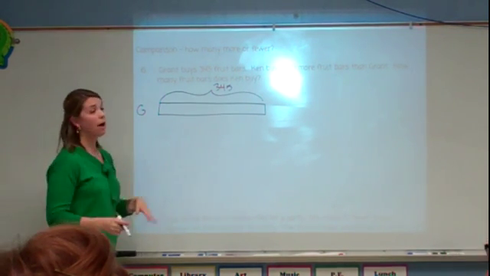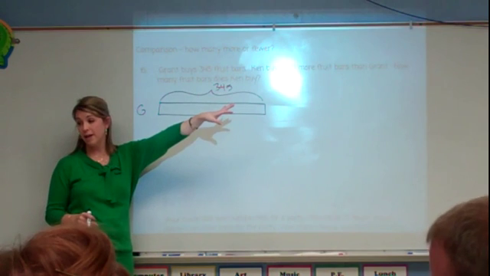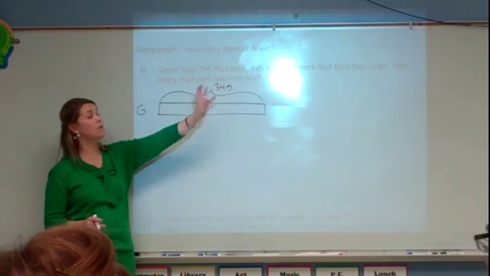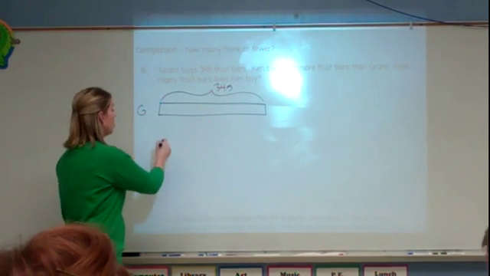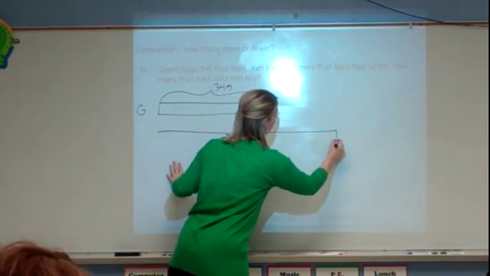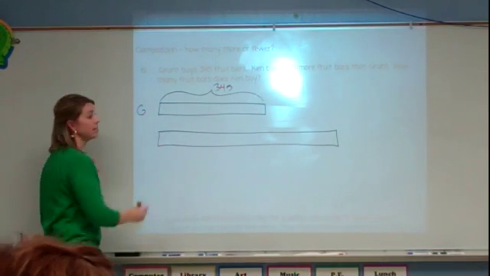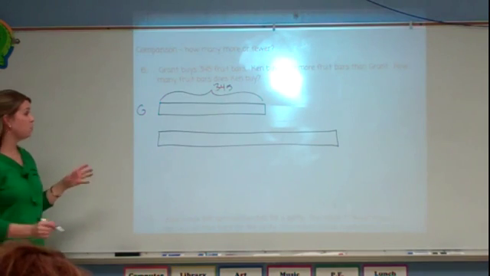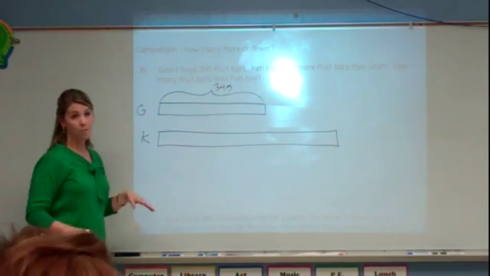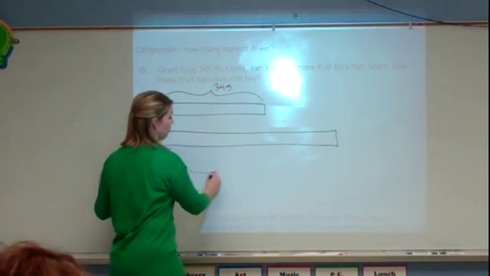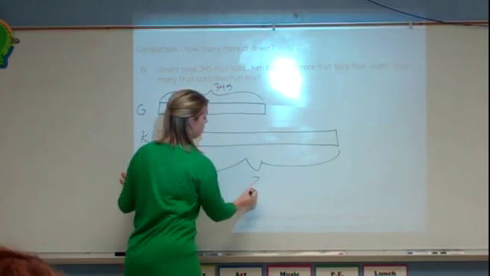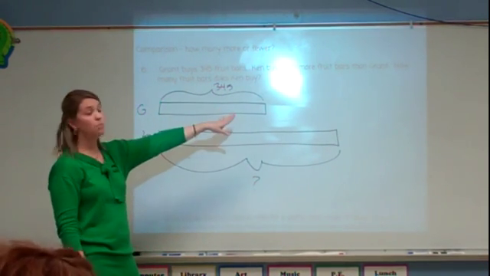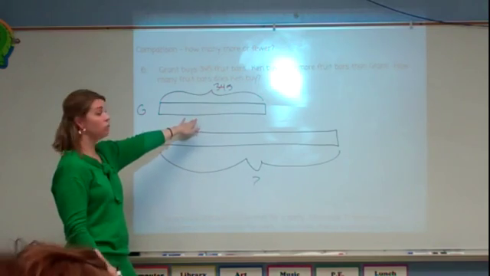We know that his bar is going to be bigger than Grant's because he buys more fruit bars than Grant. So below Grant, we're going to draw Ken's bar, and his is longer because he buys more. We don't know how many yet, so that's what we're looking for. We're looking for the total of his. But we do know that he bought 230 more than Grant.